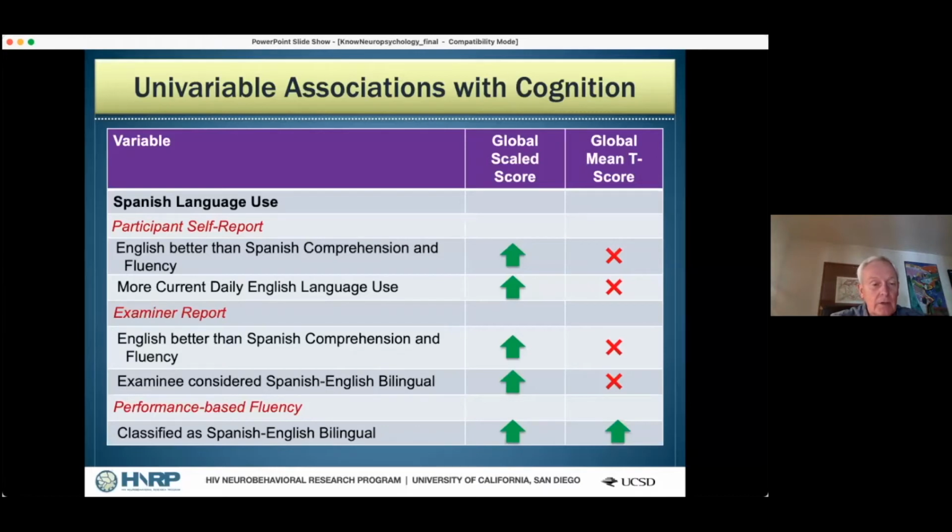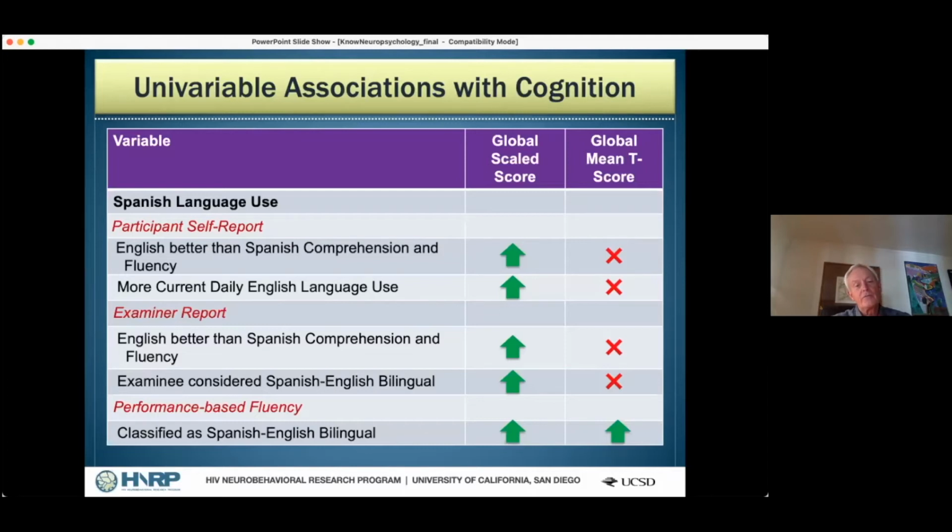And finally, we did a performance-based assessment of bilingualism, where we simply took, for English, the phonemic fluency with letters F, A, and S, and we gave the Spanish fluency for the letters P, M, and R. And our measure of bilingualism was somewhat arbitrary, but we've used it before with good effect. It was the percent of the FAS plus the PMR that were English.